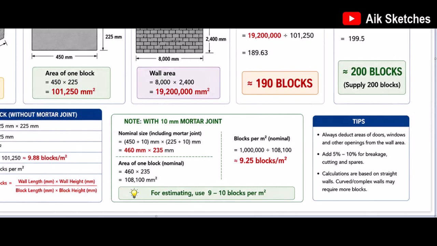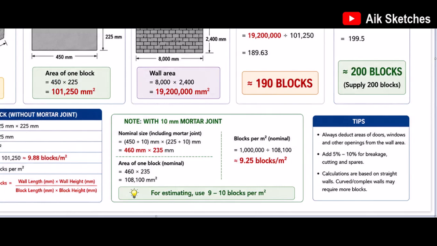The second tip is to add 5% to 10% for breakage, cutting, and spares. Like we mentioned earlier, we use a 5% addition, but you can use 5% to 10% as a factor for breakage, cuttings, and spares.